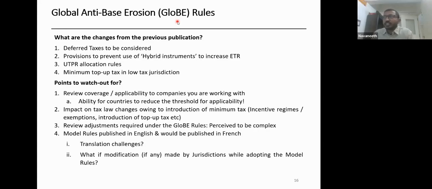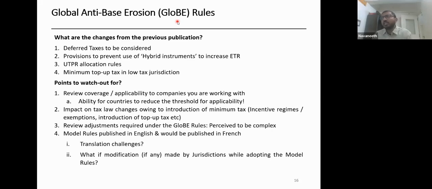What are the major changes from the previous publication? These rules were in some form available for multiple rounds of public consultation and feedback. Based on the feedback received, the OECD has factored deferred taxes in while computing the effective tax rate.